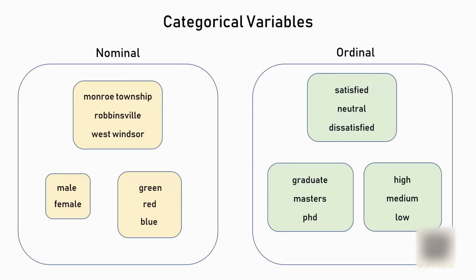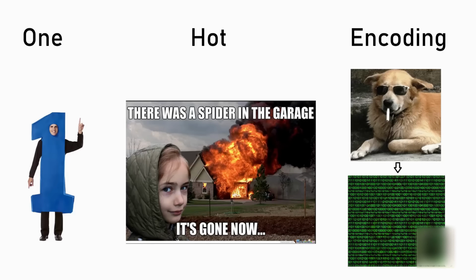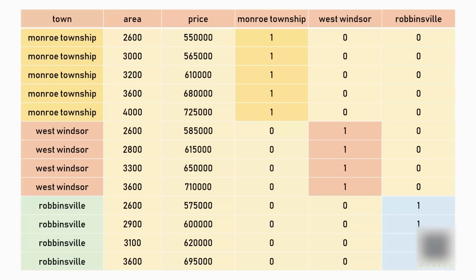Now we know that we are dealing with nominal categorical variables and simple integer encoding is not going to work. Hence, we are going to use a technique called one-hot encoding. Pretty exotic name, isn't it? So the way one-hot encoding works is you create a new column for each of your categories and assign binary value of 1 or 0.